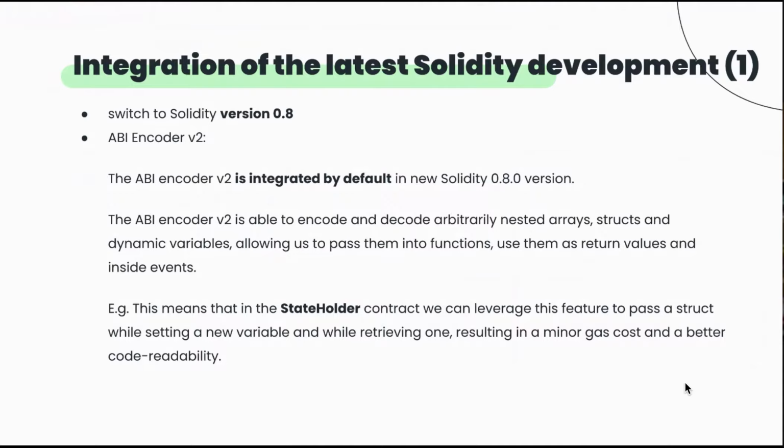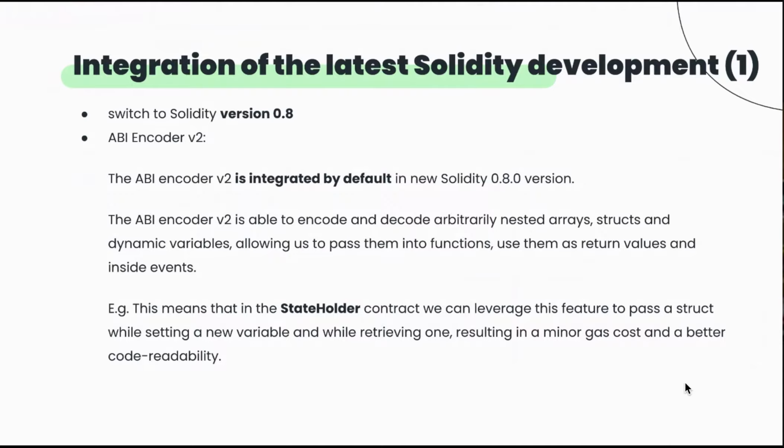The ABI encoder version 2 is able to encode and decode arbitrarily nested arrays, structs, and dynamic variables, and this means that we can pass them into functions as arguments, or even use them as return values or inside events.